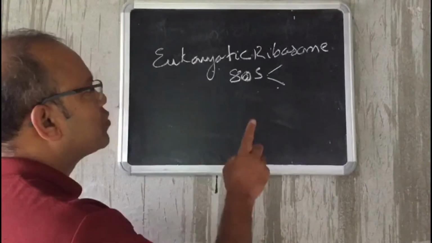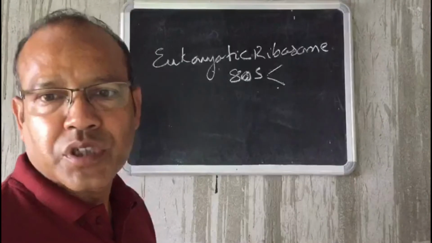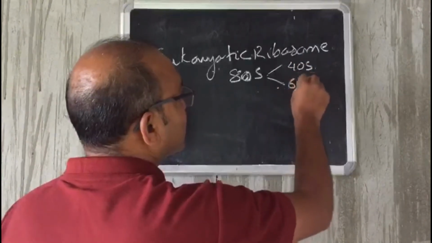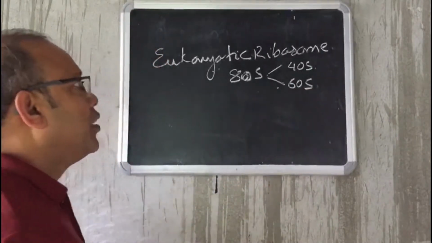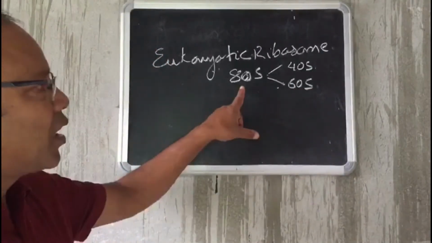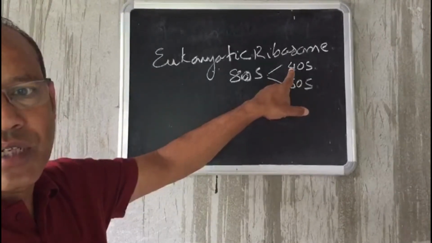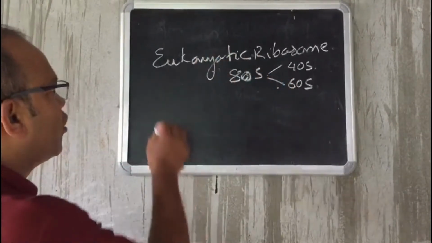In fact, not of two types, but made up of two subunits, which are 40S and 60S. Eukaryotic ribosomes are 80S, and they are made up of two subunits, 40S and 60S.